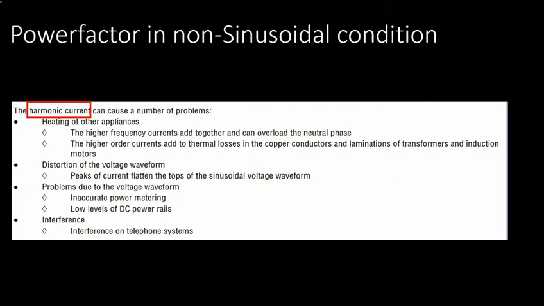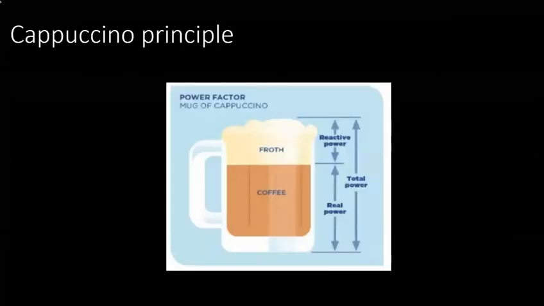They also distort the voltage waveform, which means that if there are other loads in parallel sharing the same bus, then it will potentially affect other linear loads sharing the same bus system. And it can potentially also interfere with the telephone system as well. So there are quite a few adverse effects of harmonic current.